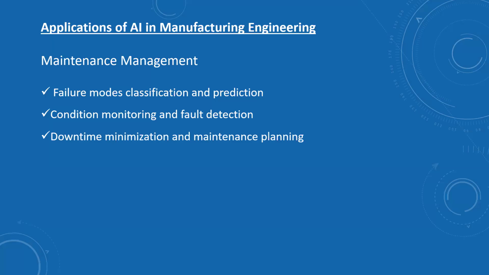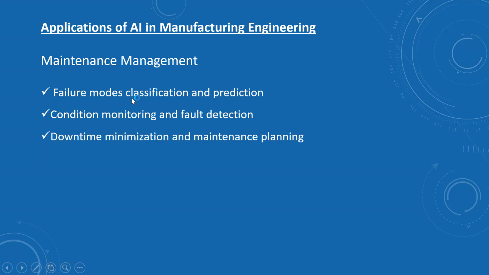Then this is maintenance management. Obviously, when I have that particular healthcare equipment, we need to have a maintenance schedule also. The maintenance schedule will also be done with the help of AI, because there are three different types of parameters on which the maintenance schedule depends.